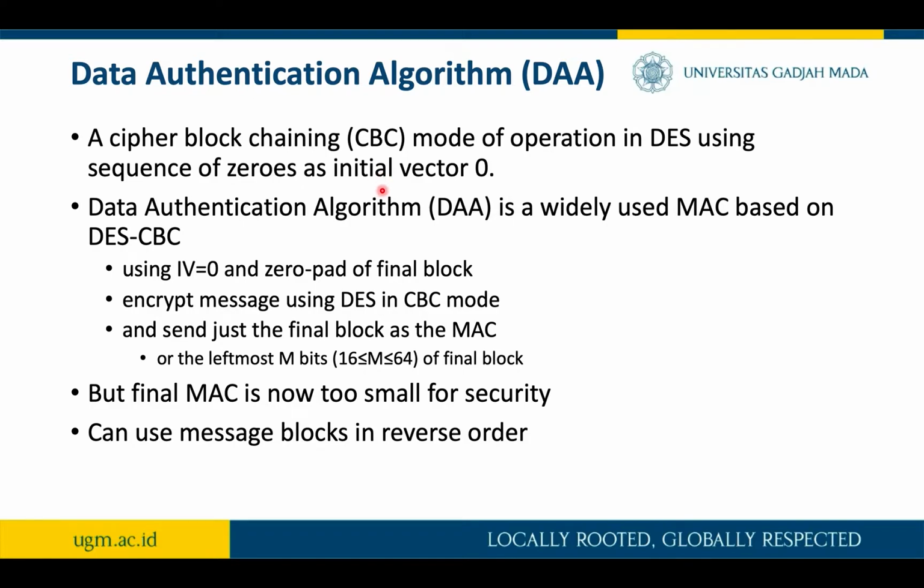And the initial vector is a sequence of zeros. DAA is a widely used MAC based on DES CBC. So the IV is a sequence of zeros, and then for the final block we use zero padding.